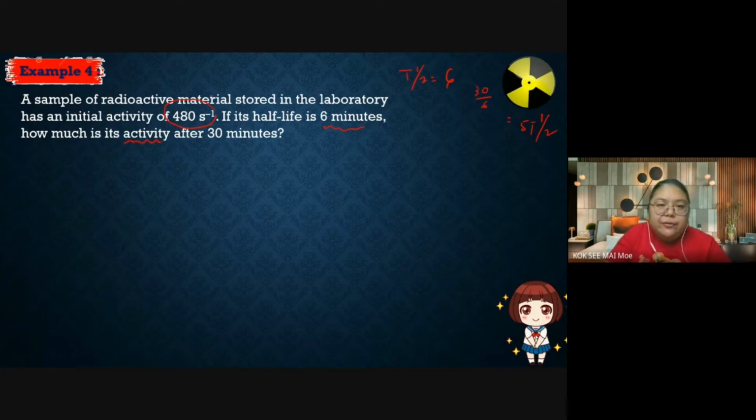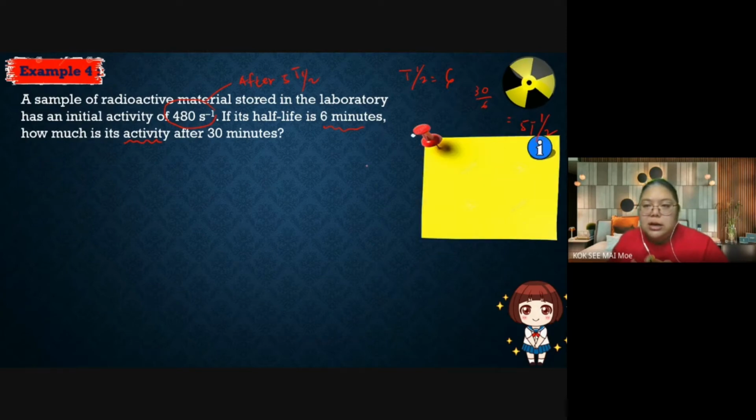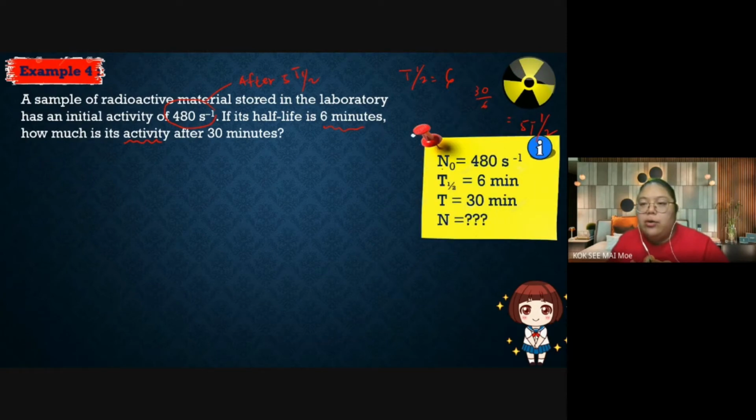So they ask how much is the activity, I mean the 480, after 5 half-lives. Then how much is left? So you go to show. This one is the info: original 480, half-life 6 minutes, and the total time taken is 30 minutes.